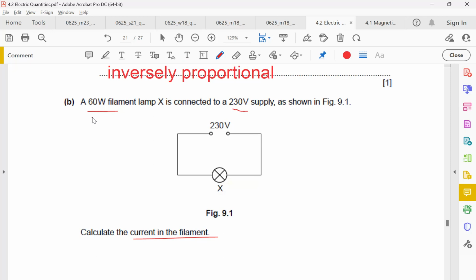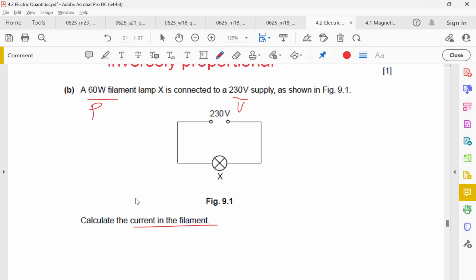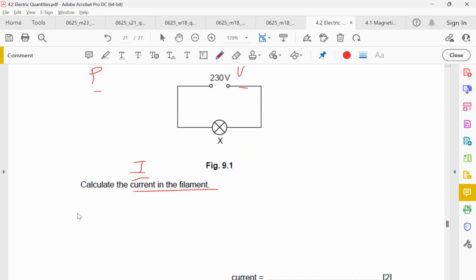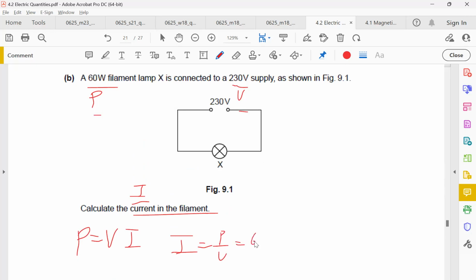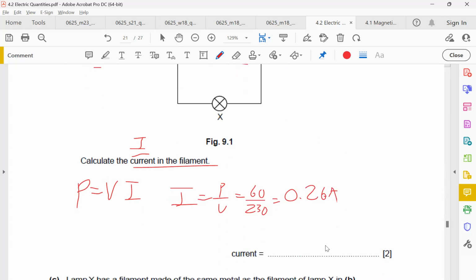This is power, right? And this is voltage. What we're looking for is the current. So what formula should we use with these three pieces of information? Right, from here, I equals P over V, and literally substitute the numbers in and press your calculator. How much is that? 0.26 amperes. Make sure you write your units, guys.